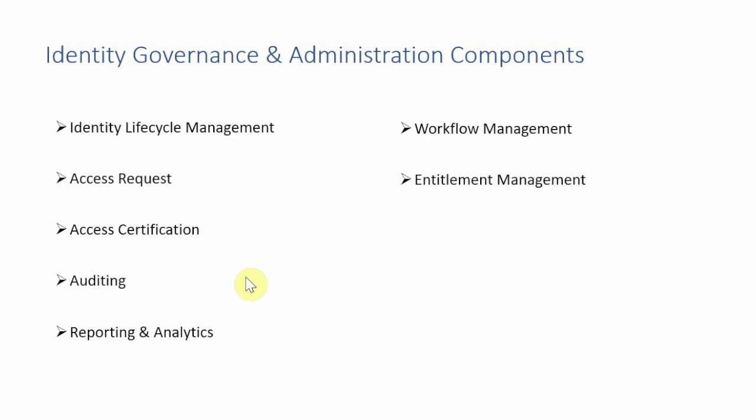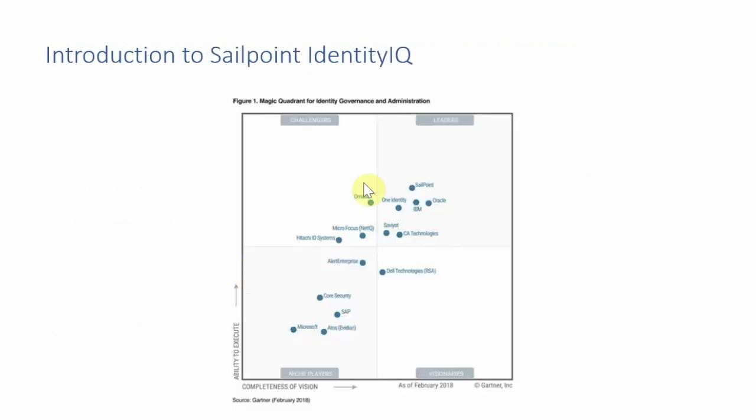So moving to the next slide. Where does SailPoint stand? According to Gartner, in a recent review, SailPoint is here. As you see, they have two parameters: one is ability to execute, one is completeness of vision.